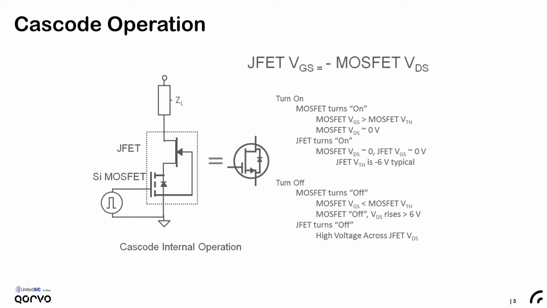For example, during the turn-off process, the low-voltage silicon MOSFET is turned off first and its drain-to-source voltage builds up. Once the MOSFET drain-to-source voltage is more than the JFET threshold voltage, the JFET turns off quickly and all remaining high voltage is blocked by the JFET.